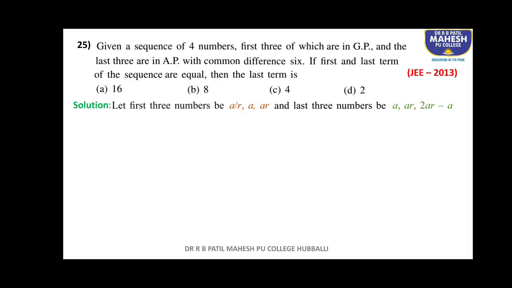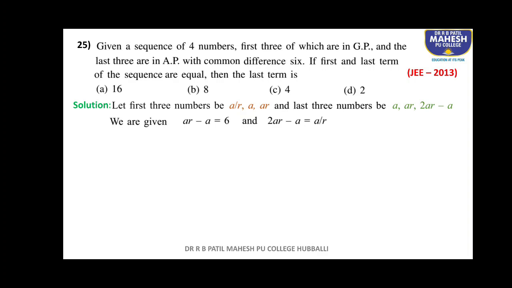By the given data, AR minus A is equal to 6, since the common difference is given as 6. The fourth term, 2AR minus A, is equal to the first term.